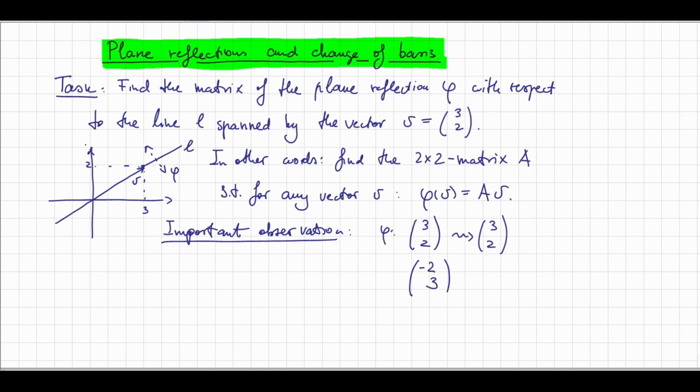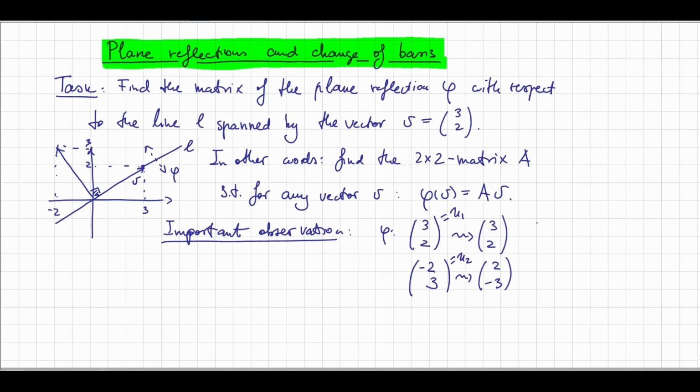In the picture here, that would be this vector. -2, 3. That's orthogonal to the line L. Clearly, the reflection will just map this vector to minus itself. Okay, so let us call this vector u1 and this vector u2.